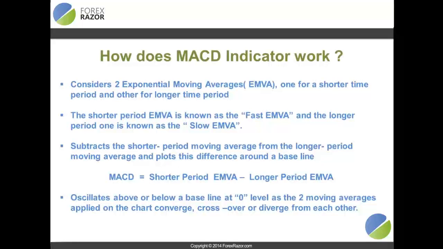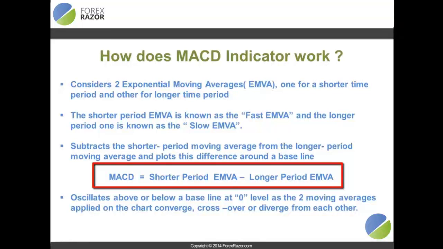Now what this indicator does is that it subtracts the longer period moving average value from the short period moving average value and plots this difference around a baseline. The baseline is set at 0.